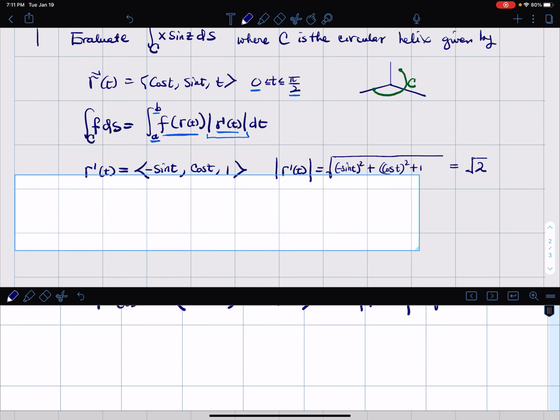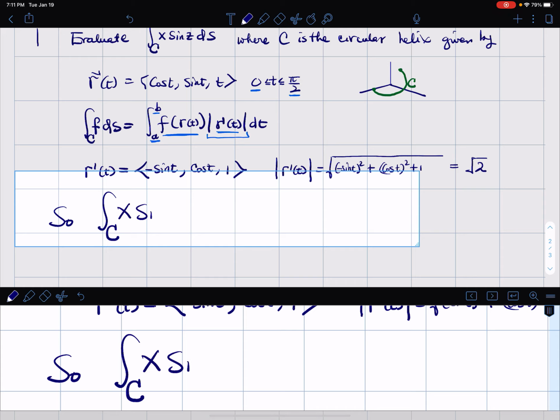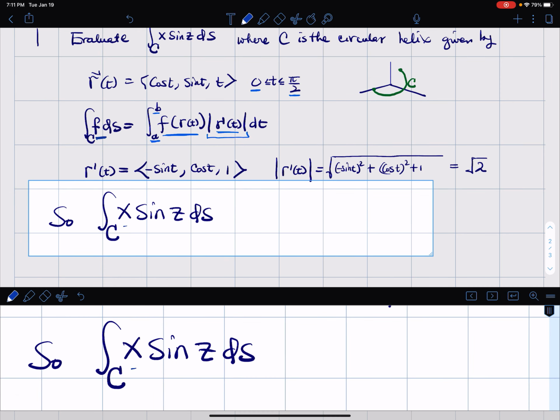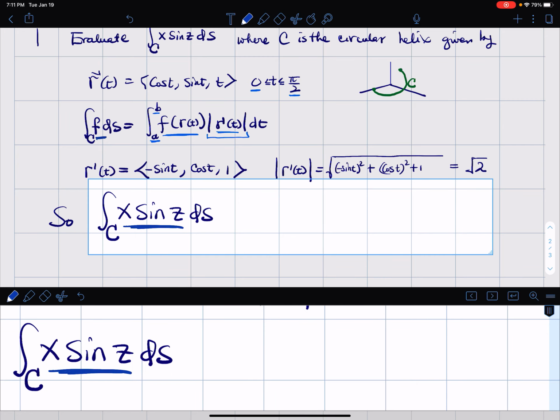We have almost all the things we need. We now have the line integral of x sine z ds, okay? So our f, this is our f right here. Now, we need to go from a to b. a is 0, b is pi over 2.